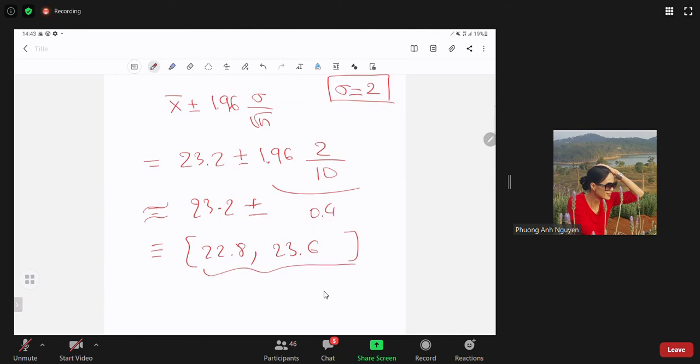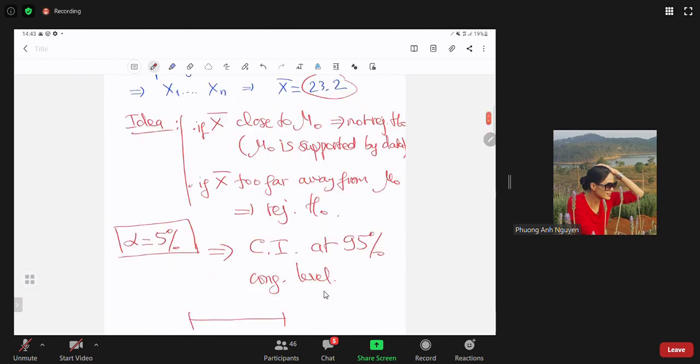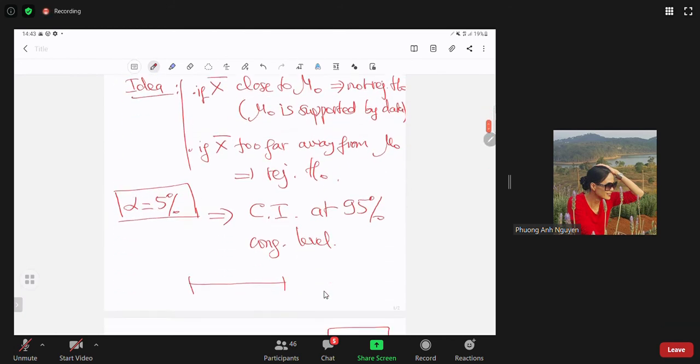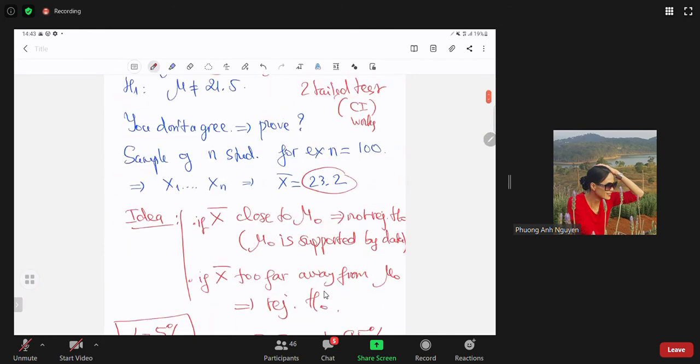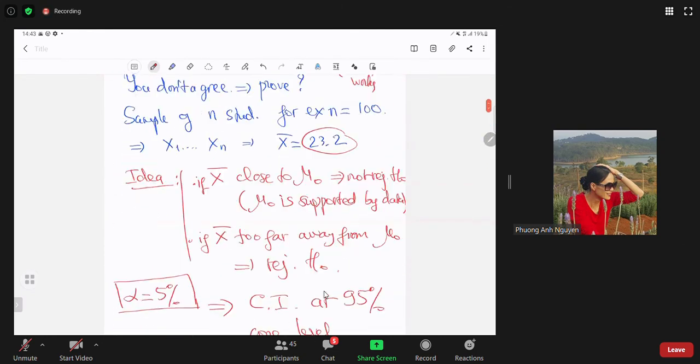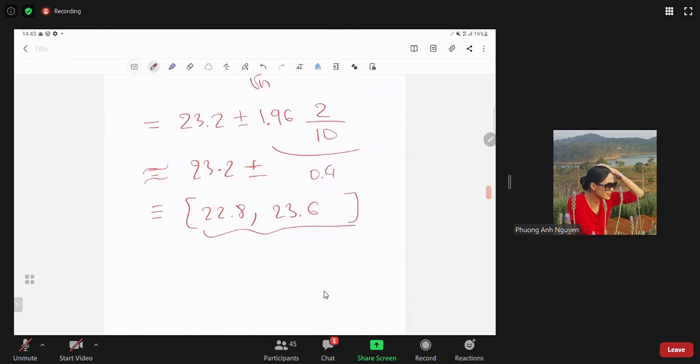Here, what is interesting is the way to use this confidence interval. You see that my confidence interval is 22.8 to 23.6. Does it include my value mu zero or not? What is mu zero? H0, in my opinion, says the true value of mu is 21.5, which is the value mu zero.